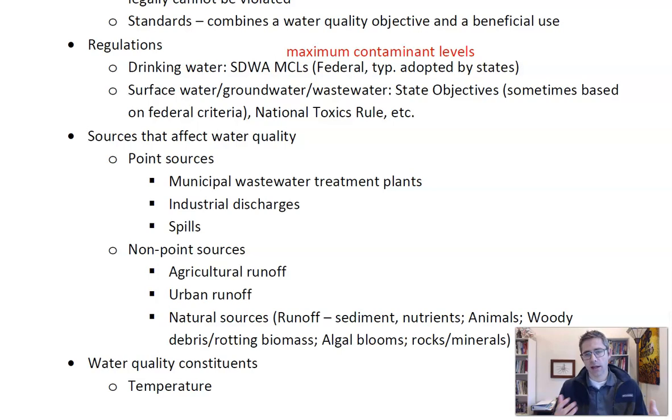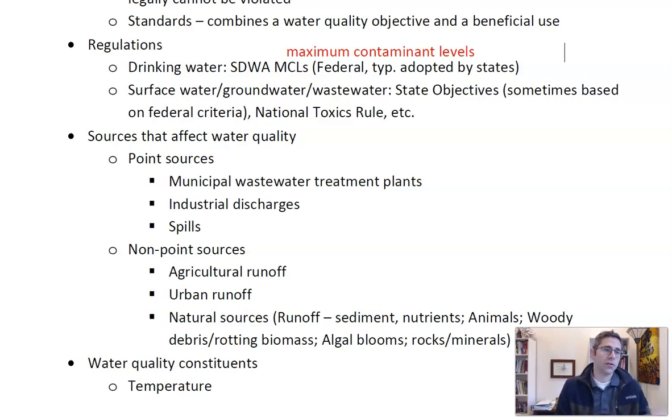So I'm not going to get into a lot about what we call primacy and whether the United States EPA or state EPAs kind of have the final say. But generally speaking, most states have their own regulations and laws that they use to protect the environment. But in some cases, the United States EPA can come in and say, you're not regulating strictly enough.